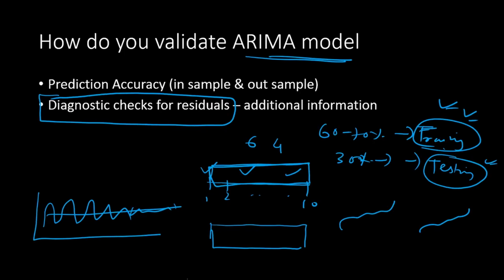If that is there, then theoretically the model is sound, and that's the best you can do about modeling. Of course, it might fail in future. Not all good theoretical models work well in the real-time scenario, but nothing can be done.